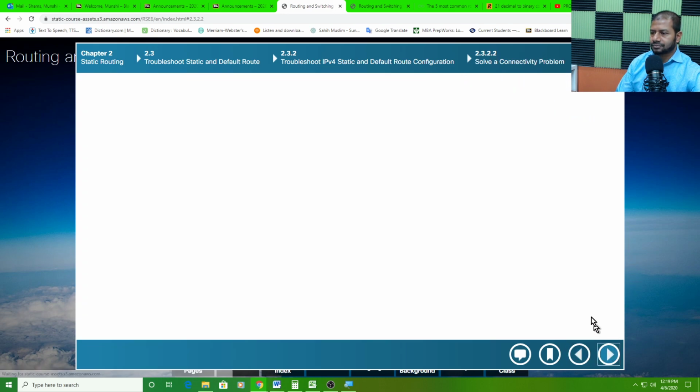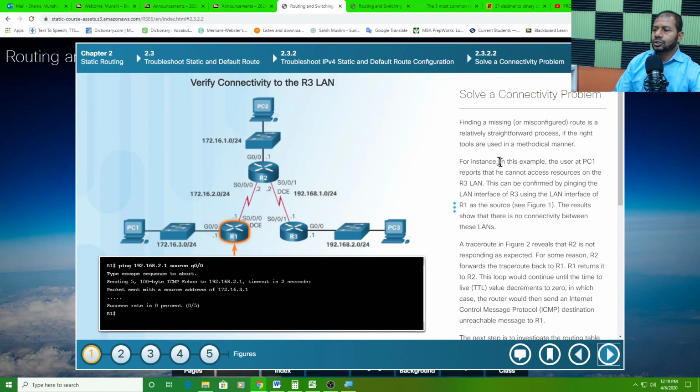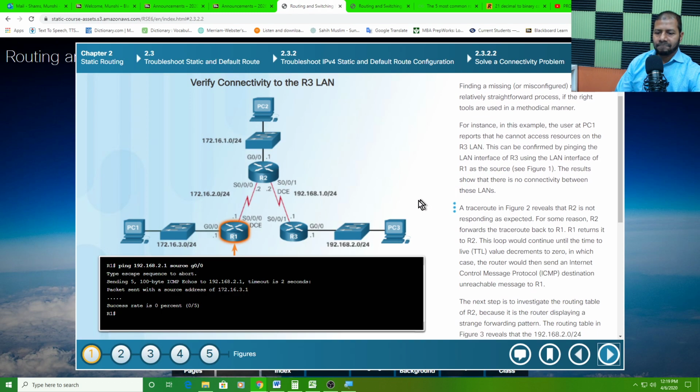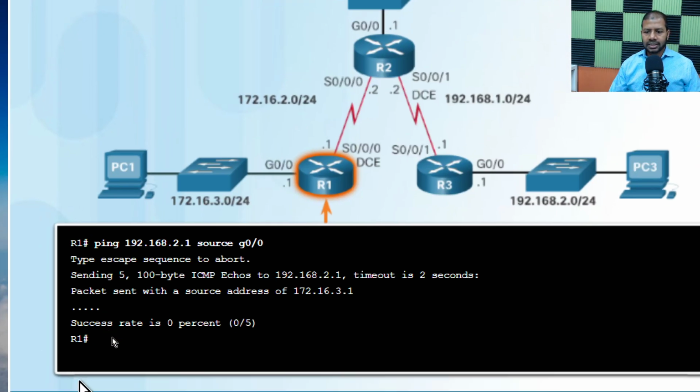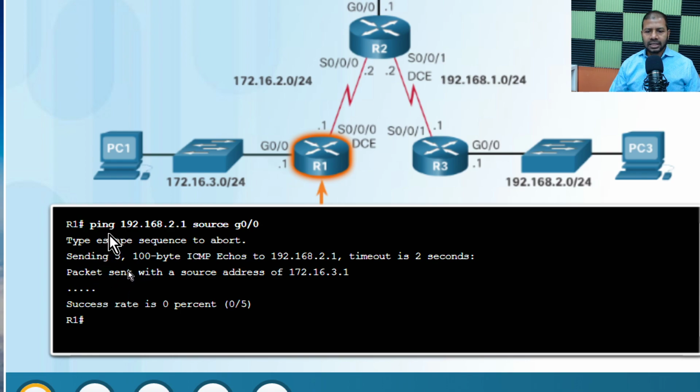So next, solve a connectivity problem. Again, in this situation, for example, they pinged and the ping went dot dot dot dot, meaning the ping was not successful. The success rate is 0%, so then they have to fix it.